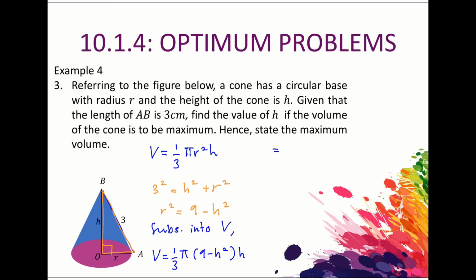And then we expand that, we get 1 over 3 pi times 9h minus h cubed, and finally V is equal to 3 pi h minus pi over 3 h cubed.